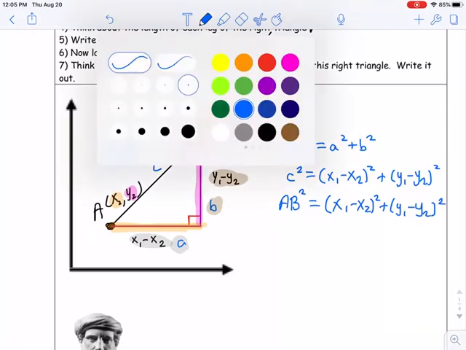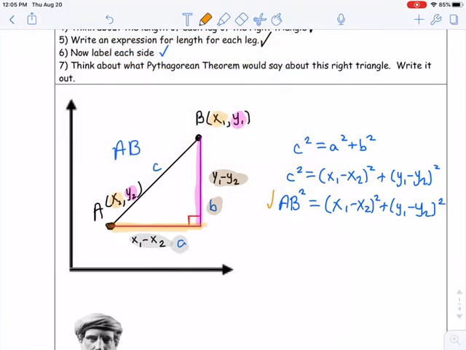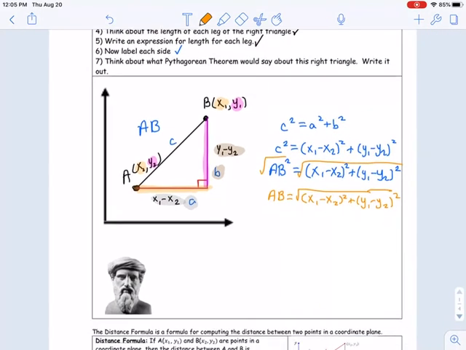And then all I do is take the square root of both sides, and boom, now I have AB solved for. Some random line segment in a coordinate plane, all I have to do to find the length of that is take the square root of x sub 1 minus x sub 2 squared plus y sub 1 minus y sub 2 squared. Boom, that's it. That's the distance formula.